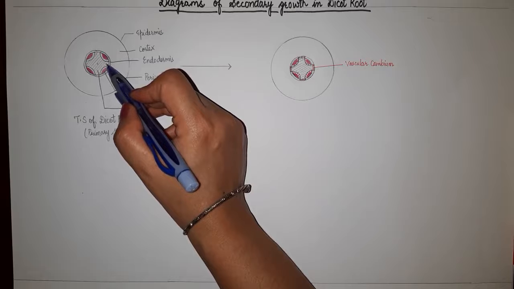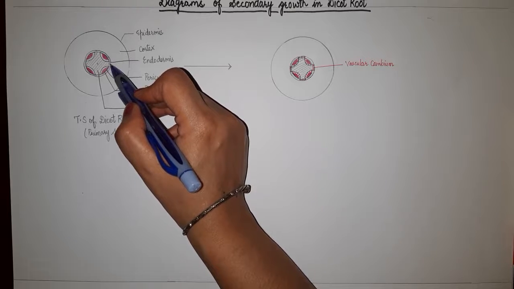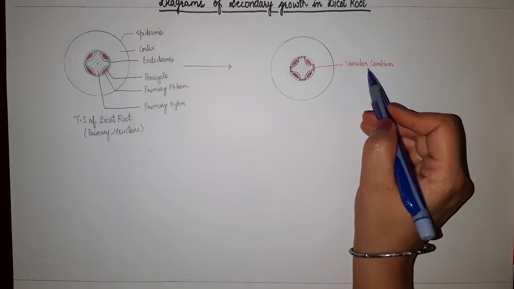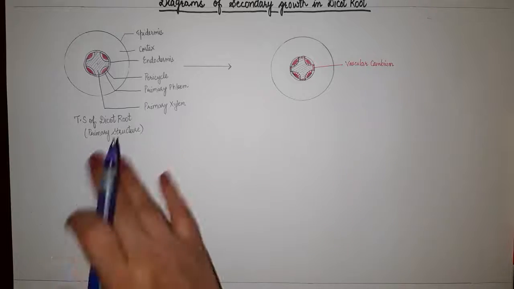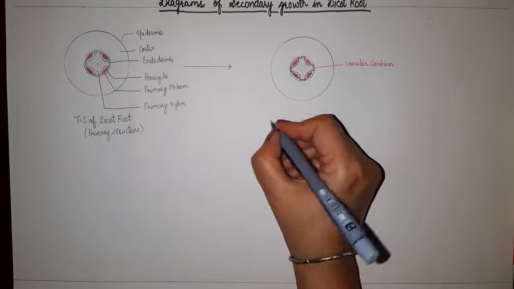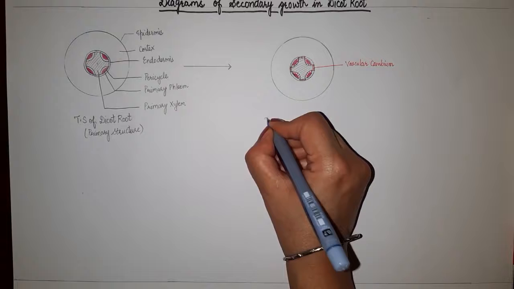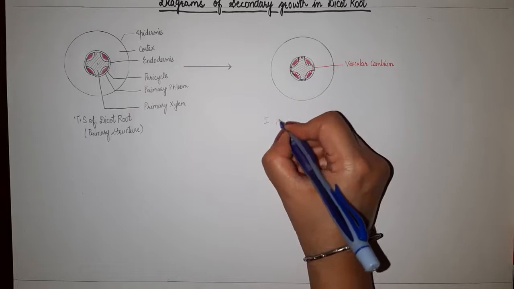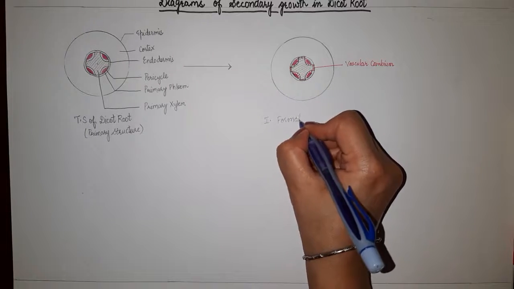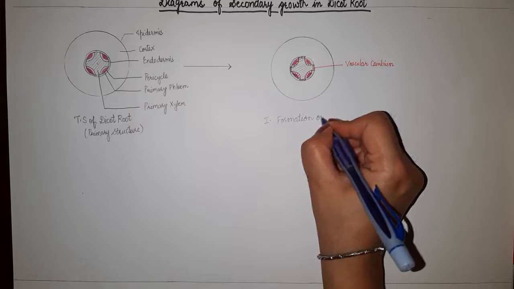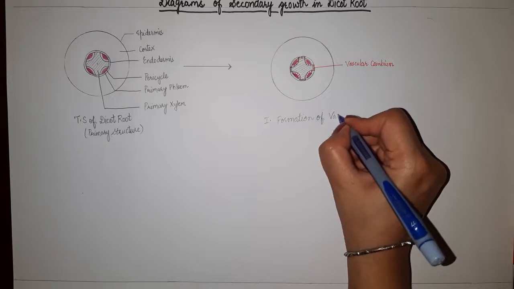So the pericycle which is present just opposite to protoxylem is going to contribute to vascular cambium. Okay. So this is step number 1, the formation of vascular cambium.